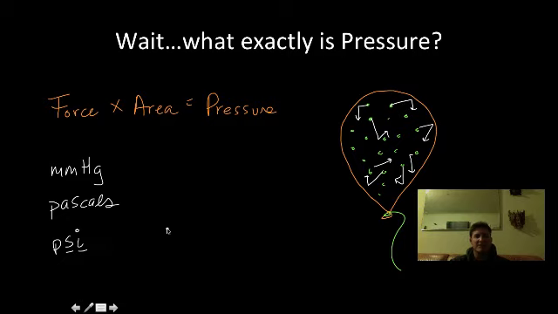In the United States, we use square inches to describe area, and pounds would be the amount of force that is applied over a particular square inch area. Now, mostly in this class, we're going to be talking about atmospheres as a unit of pressure. Again, ATM stands for atmospheres.